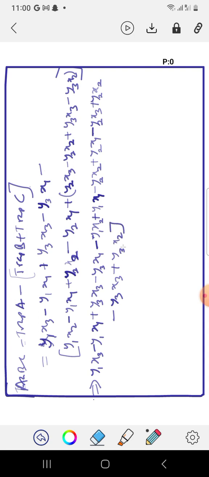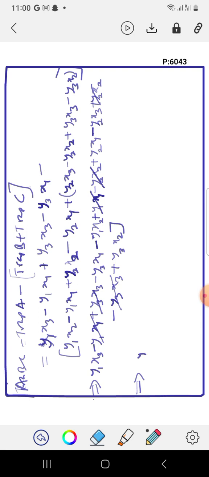So now let's see what will cancel out each other. This will cancel out this automatically. Let's look at y2 x2. They will cancel out each other, and obviously the y1 x1 terms cancel out each other.